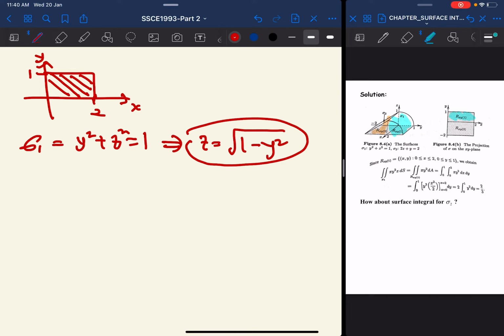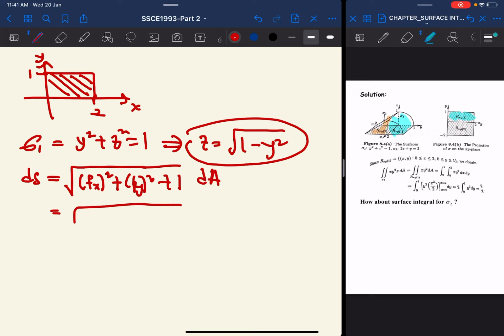So dS is equal to the square root of fx squared plus fy squared plus 1, dA. Since there is no x here, fx is equal to 0.